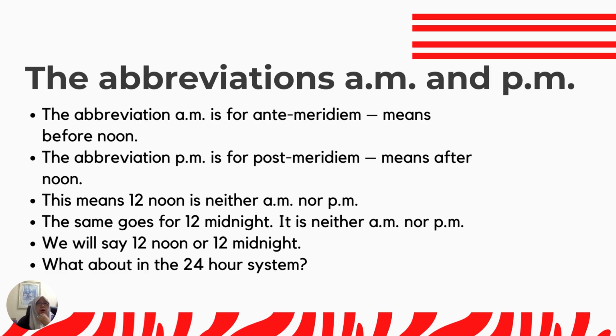What about in the 24 hours? It's the same. For 24 hours, 12 noon is 12 noon, but 12 midnight will turn to 2400 hours. That's the only difference. So this is the relationship between the 12-hour analog clock and the 24-hour clock.